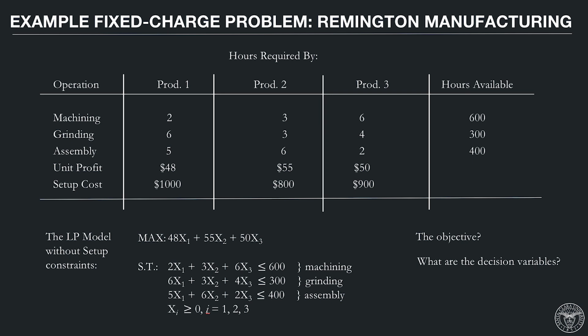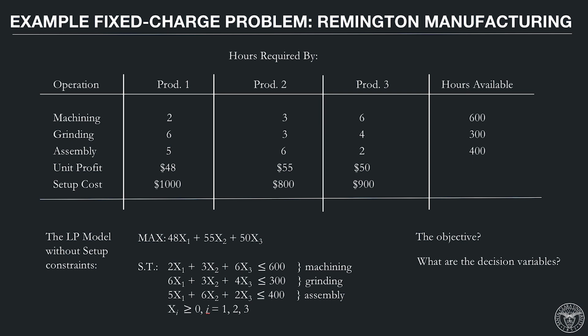In this example, we have 3 products to produce: product 1, product 2, and product 3. We have 3 departments: machining department, grinding department, and assembly department. For each department, we have 600 available hours in total for machining, 300 for grinding, and 400 for assembly.